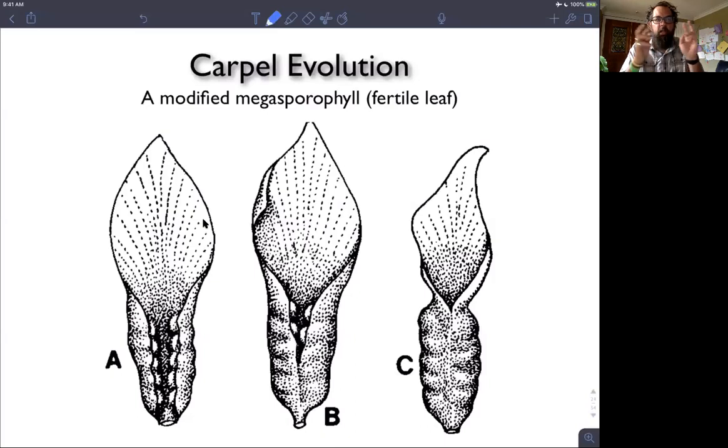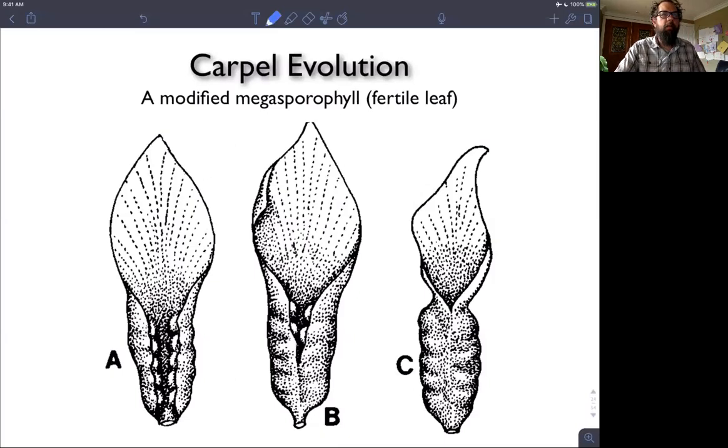This creates the clothed seed that we see. Clothed seed, remember, is what angiosperm means: the seeds developing inside of a fruit. That is the ovules inside of the ovary, the ovules inside of the carpel of the gynoecium.